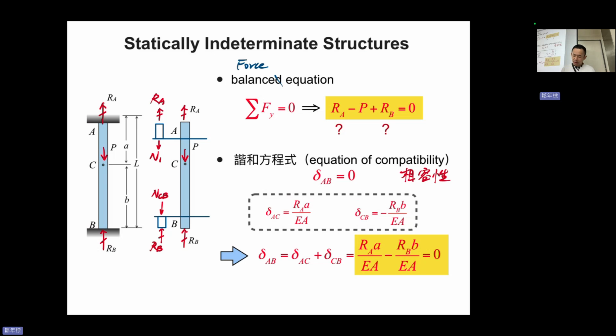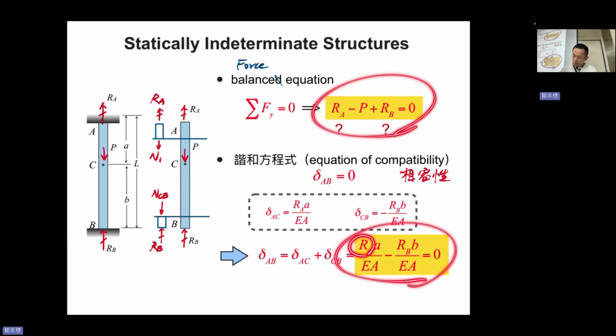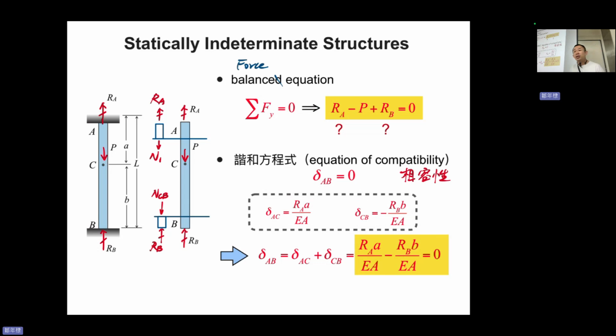In this case it is minus. If the value you assign is wrong, it will give you the hint. So delta AB equals delta AC plus delta CB equals 0. So you see, two equations, two unknowns. You can solve that. So a statically indeterminate structure cannot be solved by purely force balance equation. You need to introduce a compatibility equation.